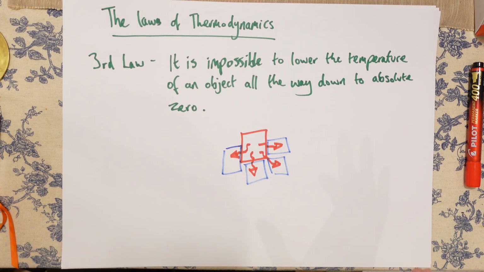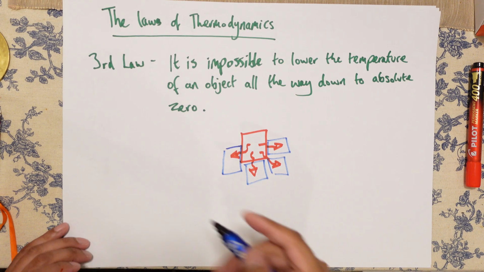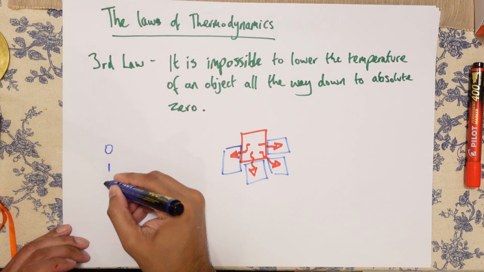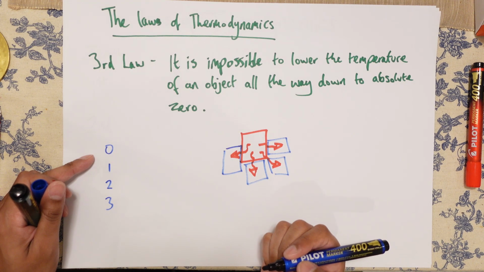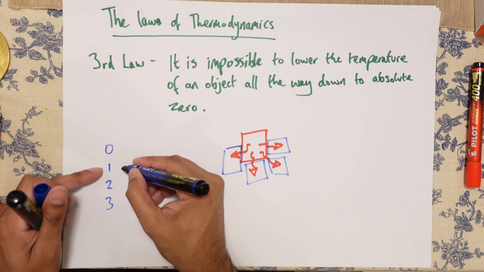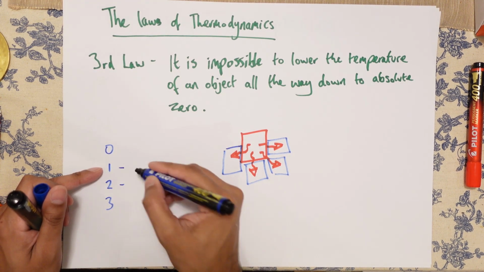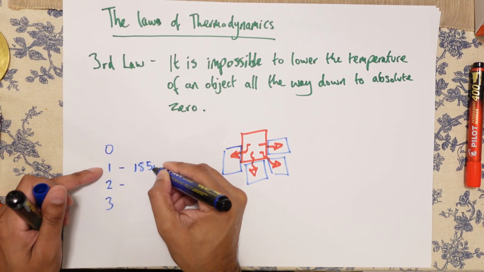So that's it. That's the laws of thermodynamics. Just one last little thing. You may be wondering why it goes 0, 1, 2, 3 and not 1, 2, 3, 4. Well, the reason for that is the first law and the second law, they were discovered in 1850.